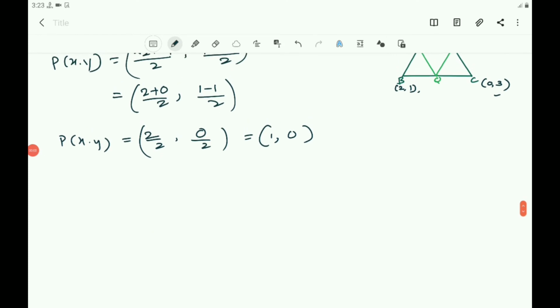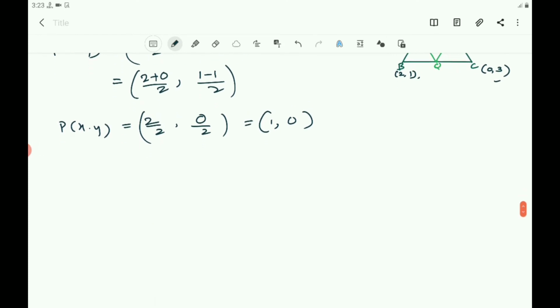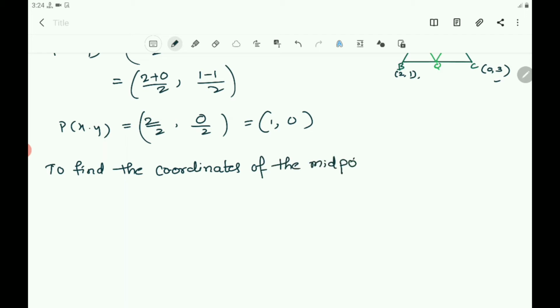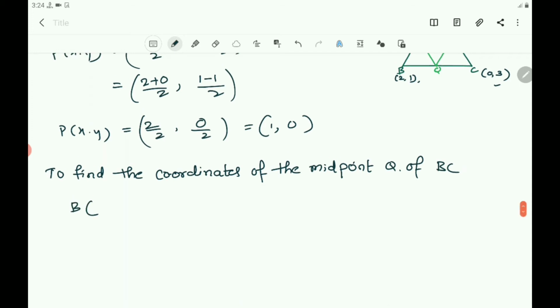Next, to find the coordinates of the midpoint Q of BC. B is a point with coordinates 2, 1 and C is a point with coordinates 0, 3.